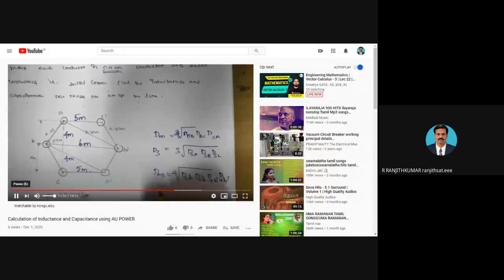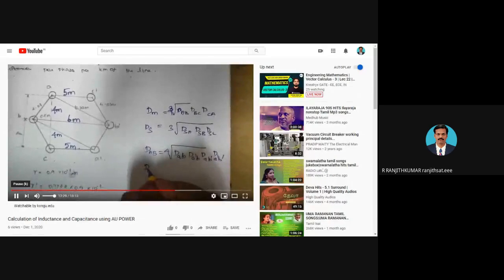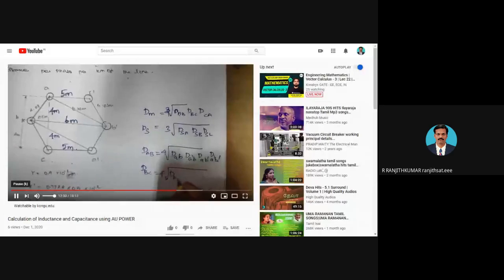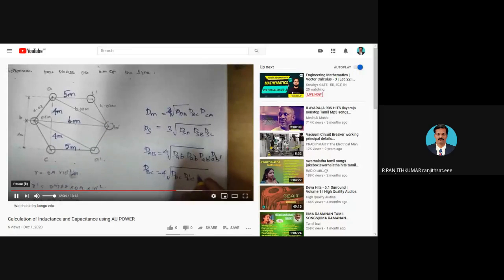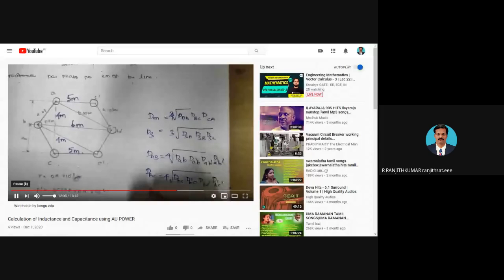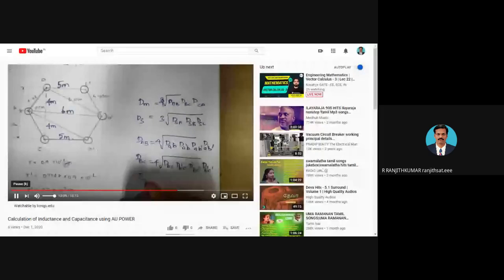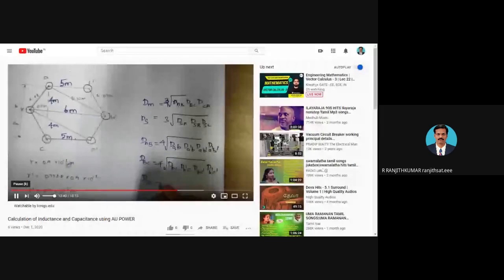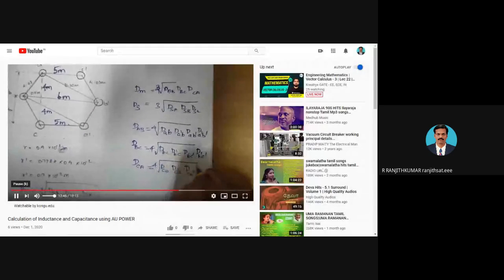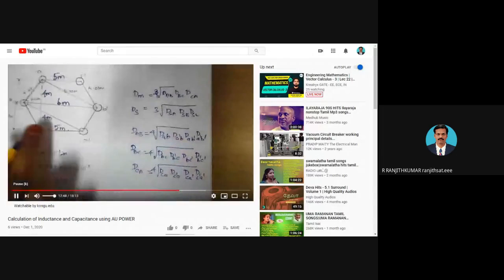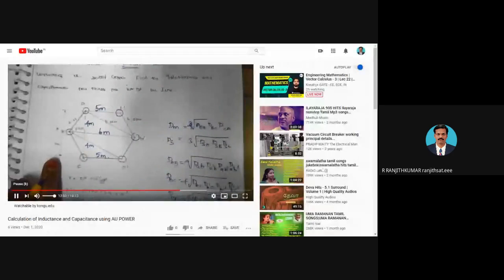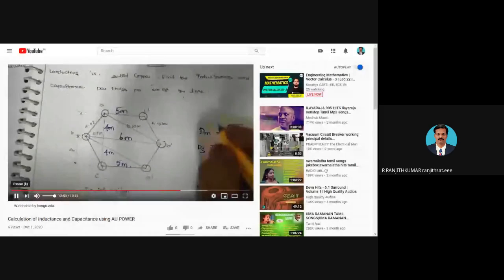Similarly, DBC we can calculate as the 4th root of DBC, DB dash C, and similarly DCA is the 4th root of DCA, DC dash A, DCA dash, DC dash A dash. So substitute these by mathematical calculations, and we can find the values of DM and DS.